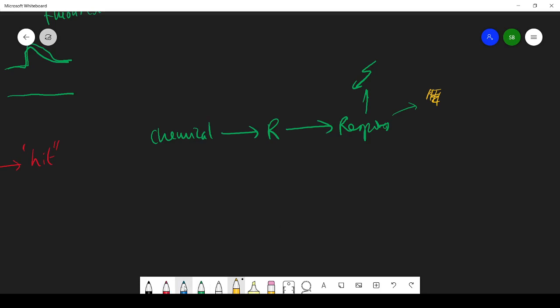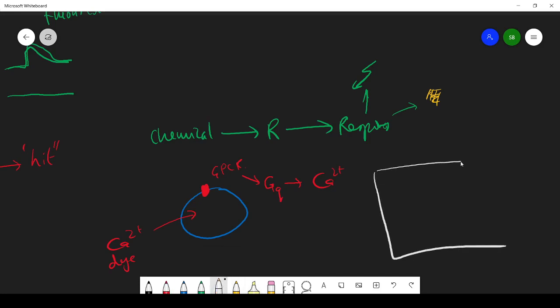So for example, you could have a cell which is transfected with your receptor, if this is a G protein coupled receptor. Let's say this is coupled to Gq, you would then get a calcium signal. So then all you have to do is put in a calcium sensitive dye which fluoresces in the presence of calcium, and then you do the same thing again.